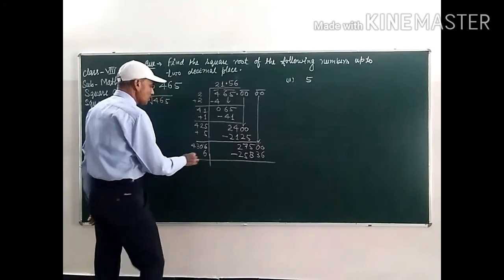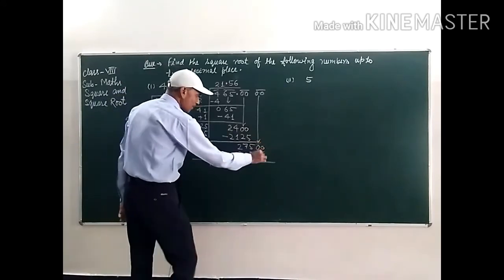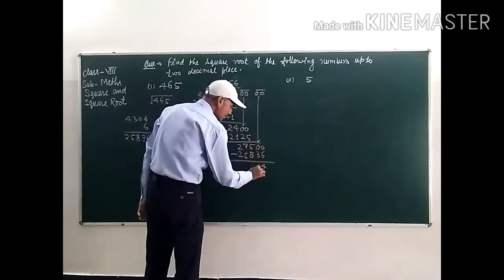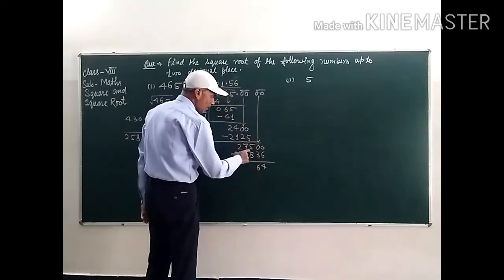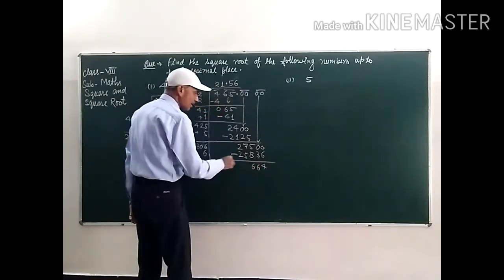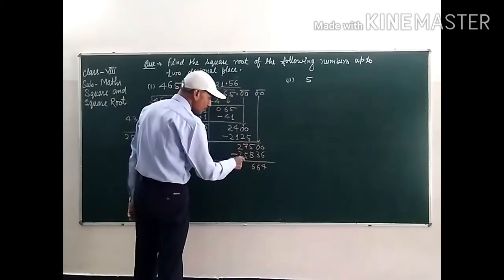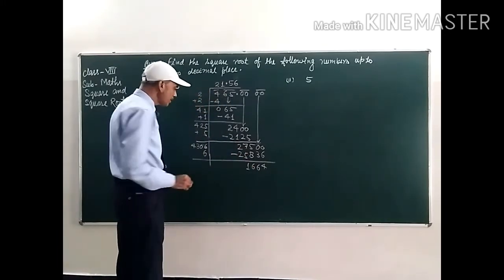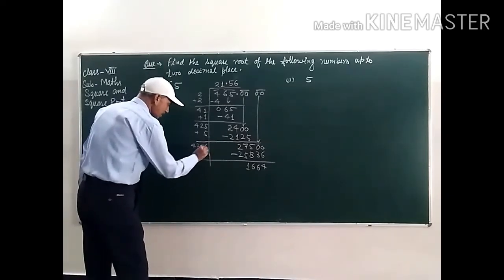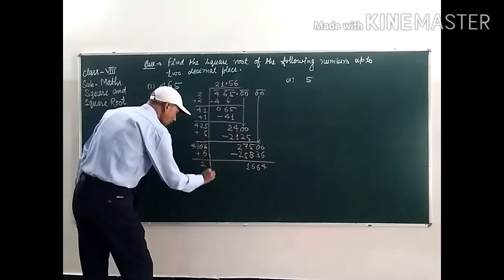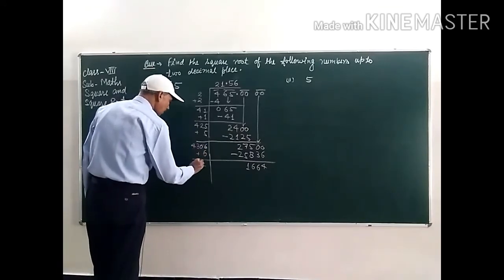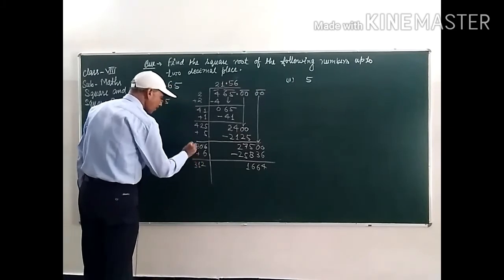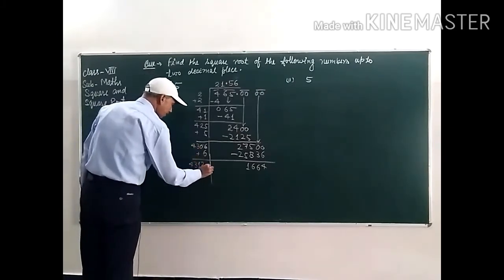Okay students, so subtract this one, 14 minus 8 is 6, and 6 minus 5, that is 1. Clear students? And add these numbers, 6 6s are 12, 2, and this one 1 and 3, 4, and a blank here.